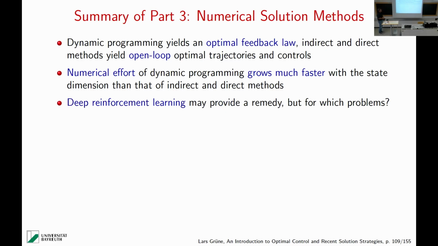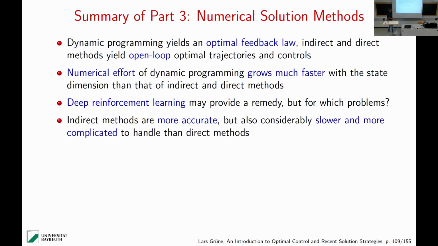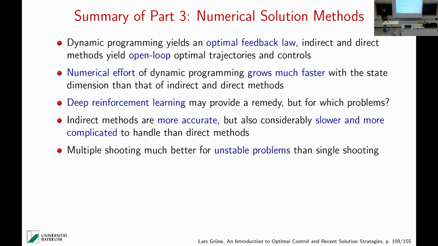Deep reinforcement learning may provide a remedy here. I talked about that, but it's not yet clear for which kind of problems you could really do better with it. I will come to that in the last part today. Indirect methods are more accurate, but also slower and more complicated to handle than direct methods. So whenever you want things to work reliably and automatically, direct methods are often the method of choice. And multiple shooting is much better for unstable problems than single shooting.